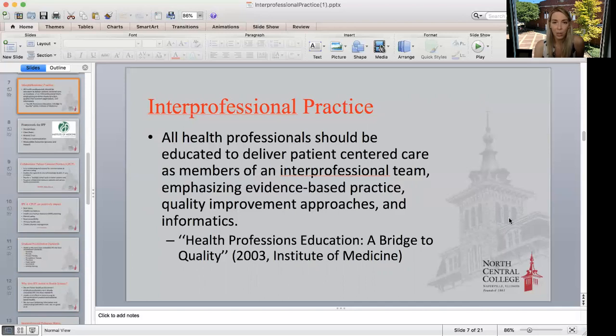Evidence-based practice is also a word that we see in this definition here. Evidence-based practice, another major concept, I would say just as big as interprofessional practice. In fact, for those of you health science majors, you'll have an entire course on evidence-based practice that's offered in the spring semester here at North Central.